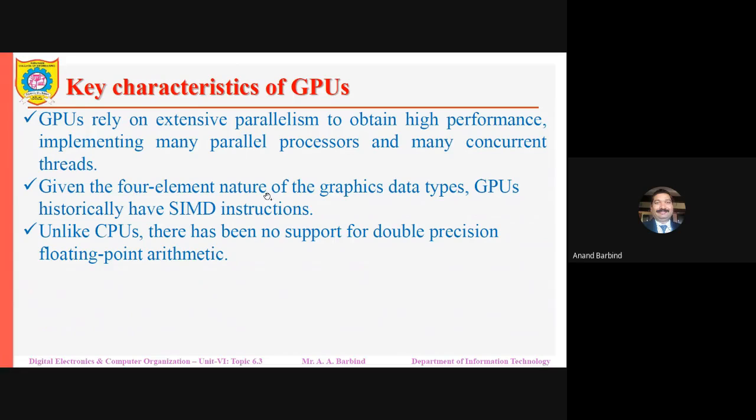Given the 4-element nature of the graphics data types, usually X, Y, Z, W, GPUs historically have SIMD instructions.